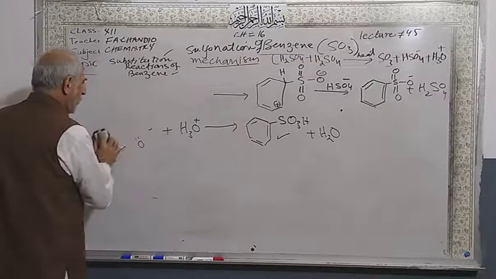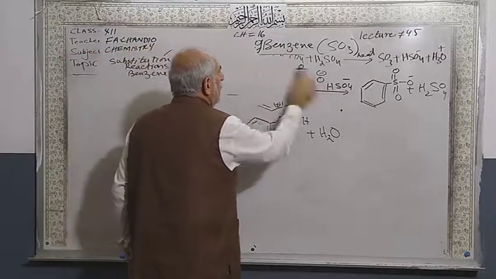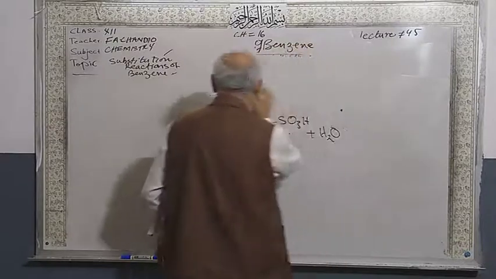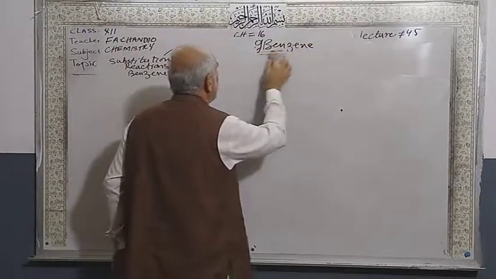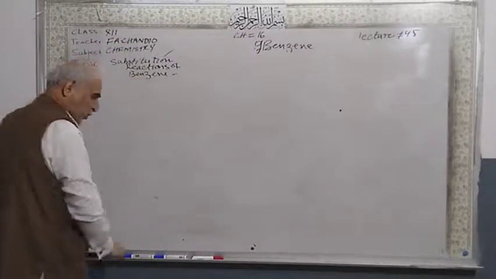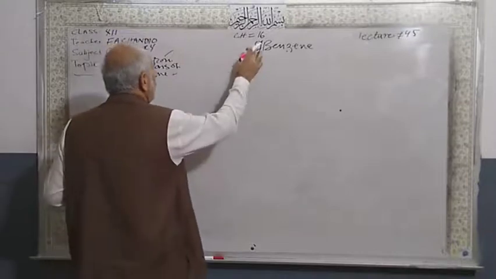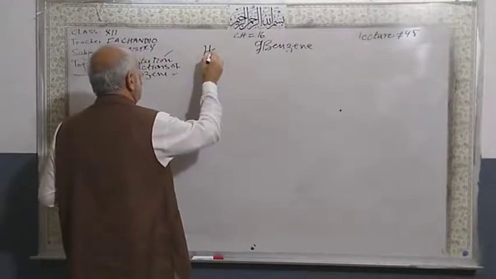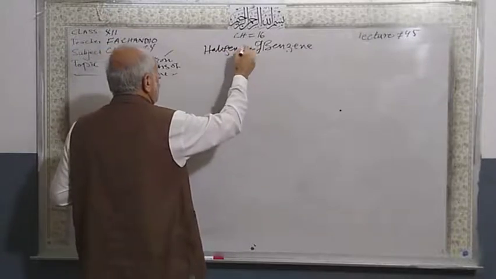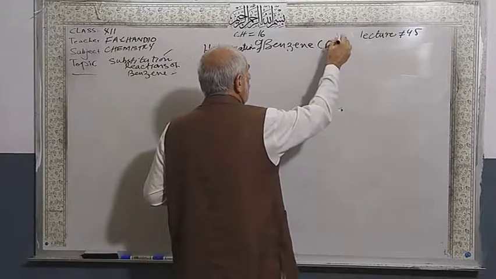We are talking about the electrophilic substitution reactions of benzene. When one electrophile substitutes, it should be a strong electrophile. For halogenation of benzene, we have to create the electrophile.